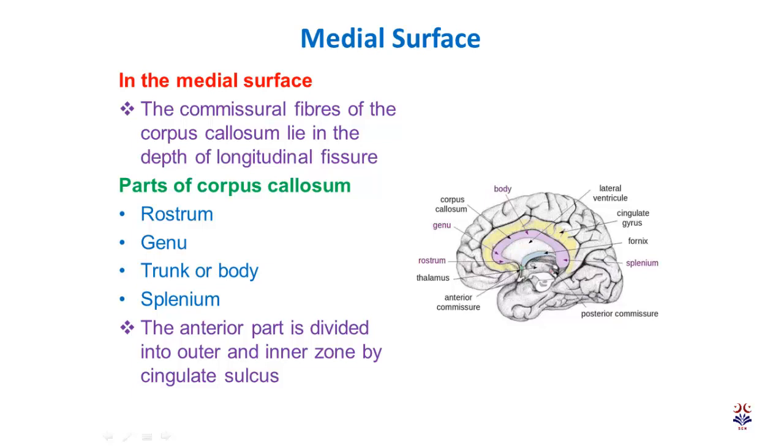It has 4 parts: the rostrum anteriorly, then the genu, this bend, then the body or trunk, then posteriorly the splenium of the corpus callosum.